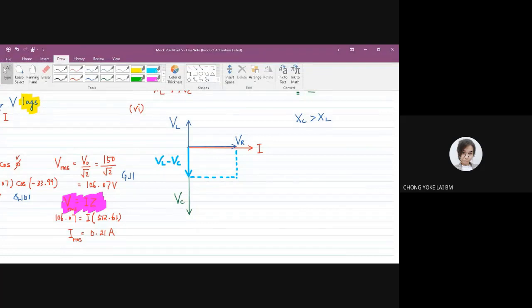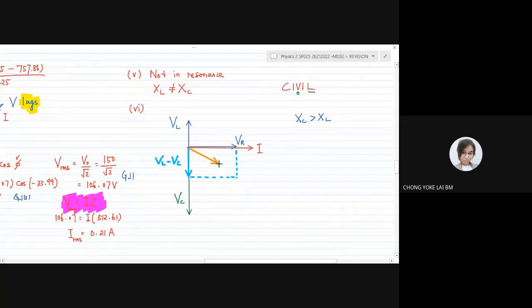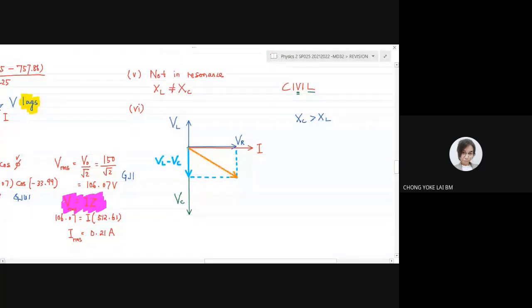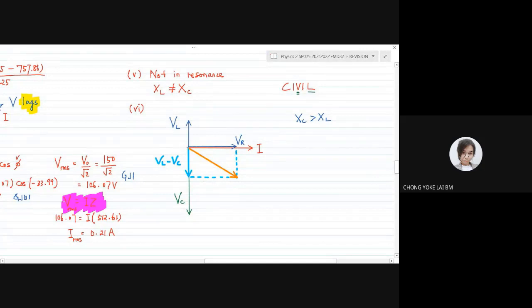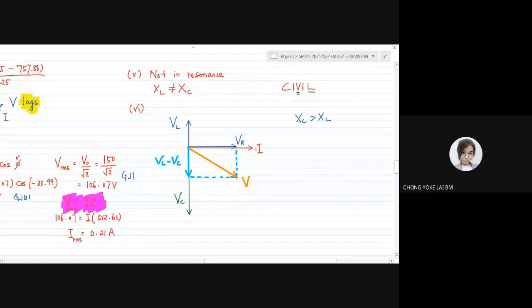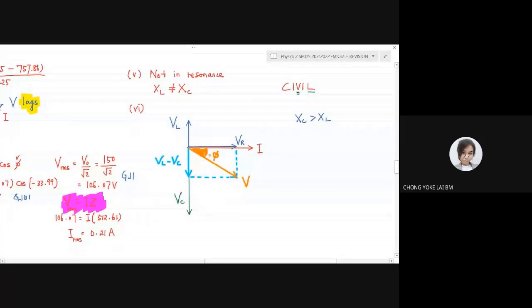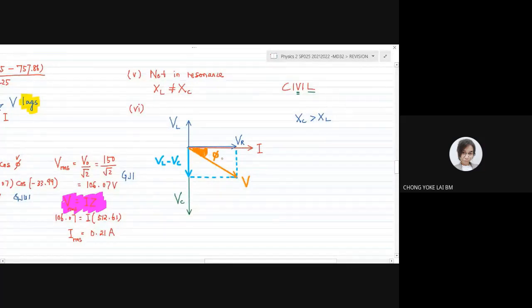So gabungan tu, the combination is the total voltage supply, diwakili oleh diagonal untuk rectangle ni. So this is V, the total voltage. So the angle between the total voltage and the current is our phase angle. So see your phase angle adalah negative. Negative how much tadi? 33.99. So that one is your phase angle. So this is how we sketch the phasor diagram.